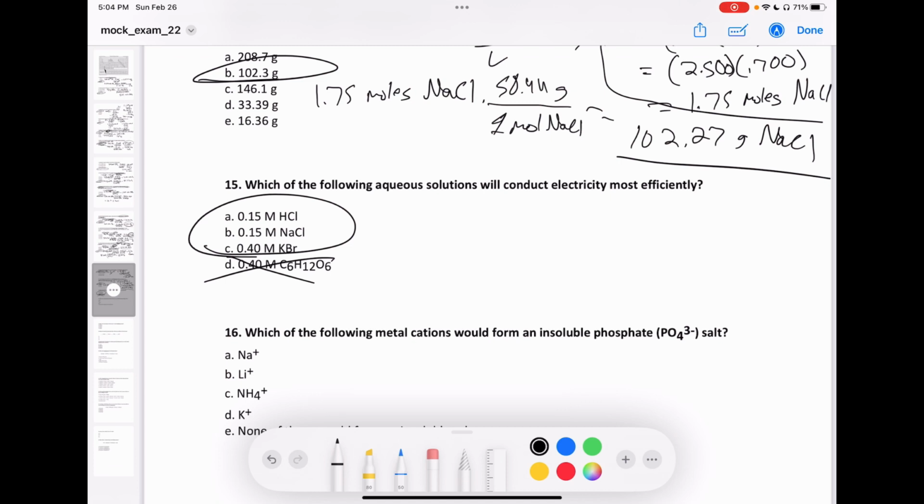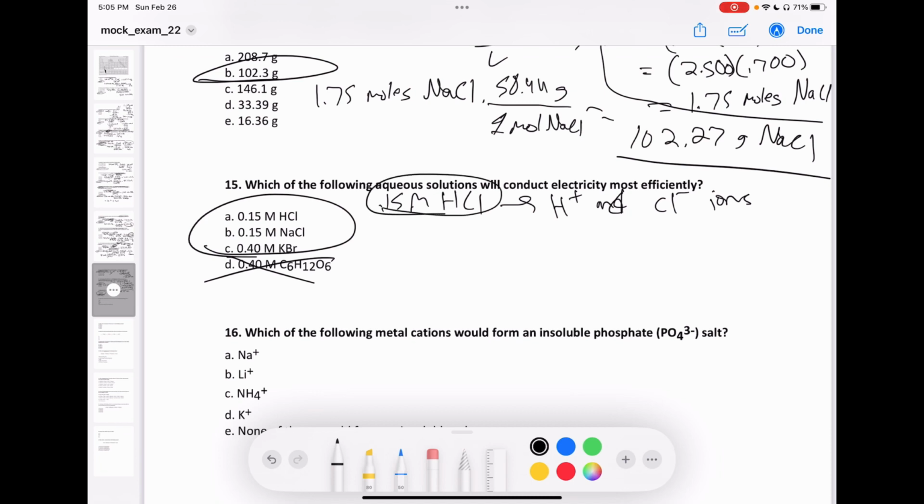So if you see that in this first one, the 0.15 molarity HCl, when this dissociates, it'll dissociate into H plus and Cl minus ions. And if the molarity is 0.15 molarity, that's 0.15 moles of this for every liter.